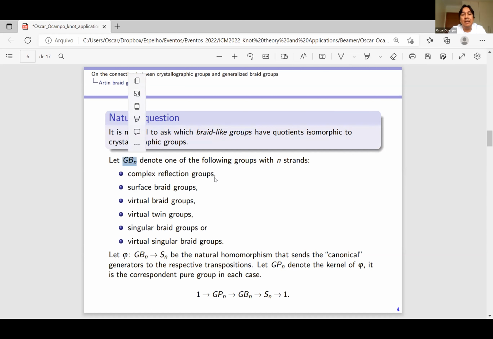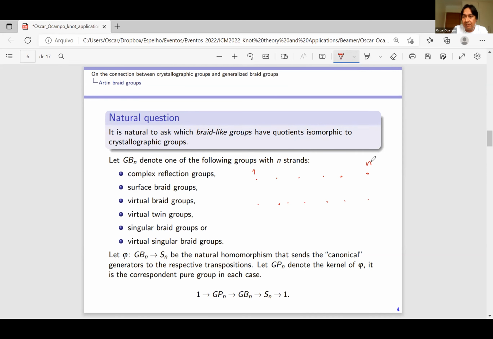For a moment, take this generalized braid group, GBn, and it will denote one of the following groups: the complex reflection groups, or surface braid groups, or virtual braid groups, virtual twin groups, also singular braid groups, or virtual singular braid groups. Let me see here what a canonical generator means for me.